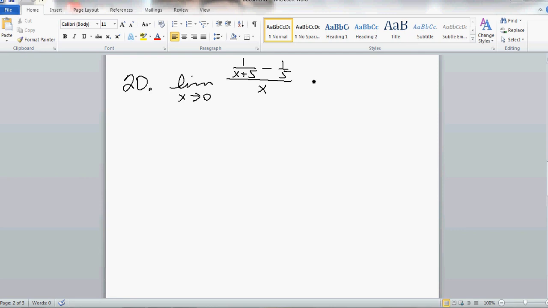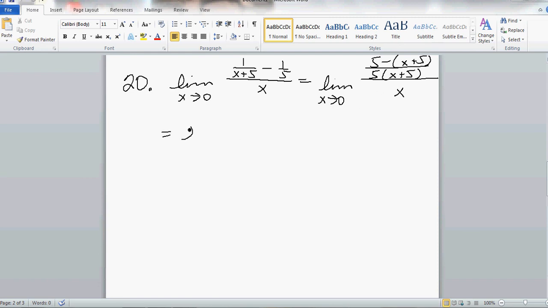So one thing that we might want to do here is get a common denominator in the numerator. But since we haven't substituted in yet, we have to be sure to carry that limit right along with us. So let's see, the common denominator would be 5 times x plus 5. And let's see, we would need to multiply this by 5. And we'd have to multiply this by x plus 5.